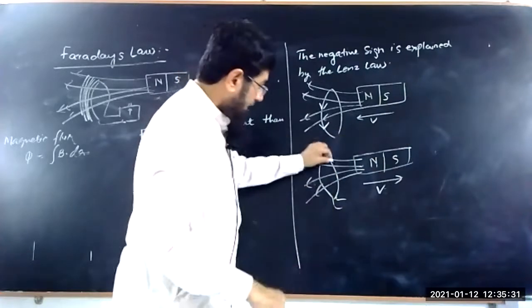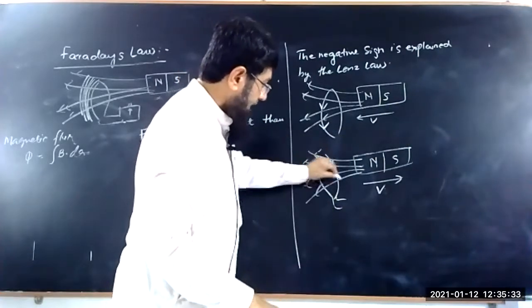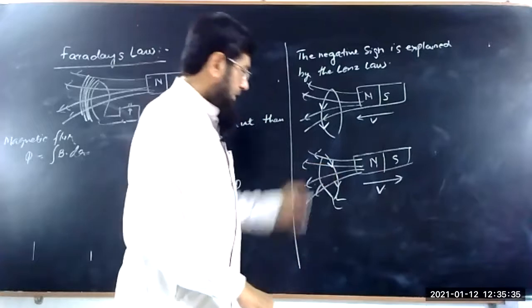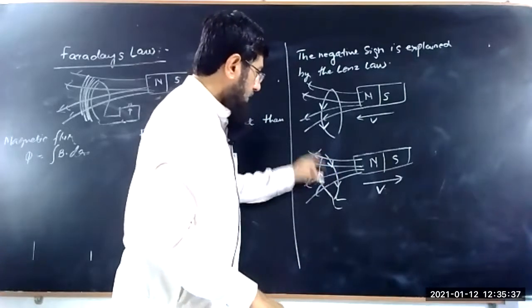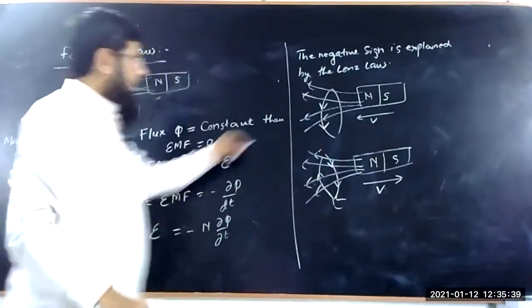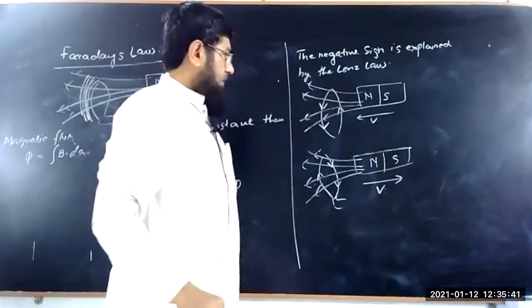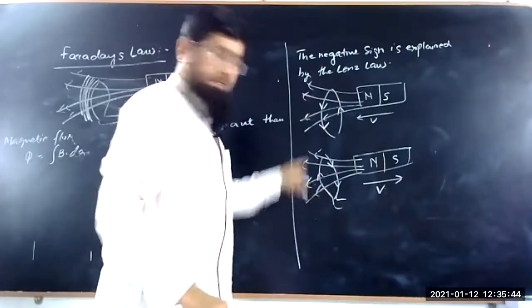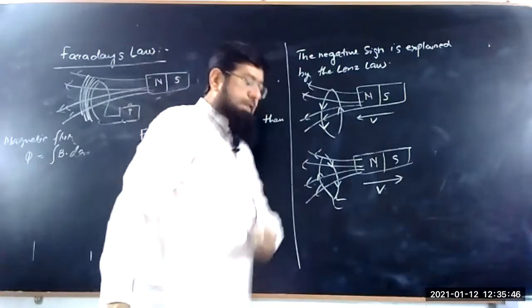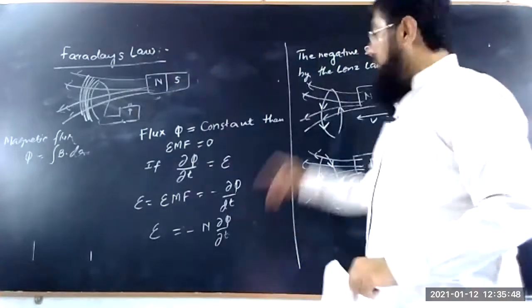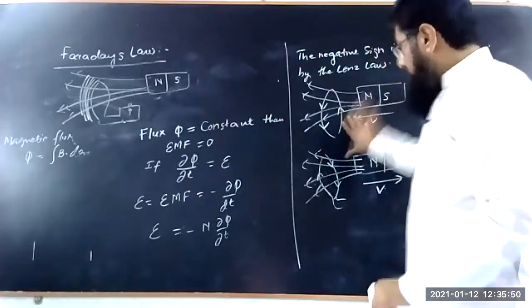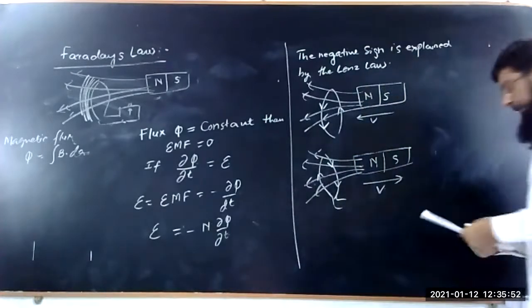Now the current will be in this direction, and this is the clockwise current. Here the current flows counterclockwise. This is the way to determine the direction of the induced current.